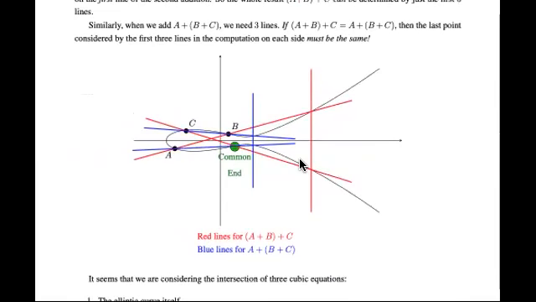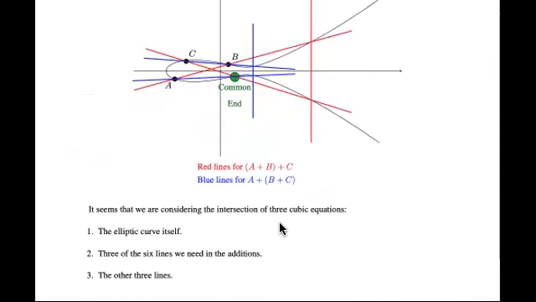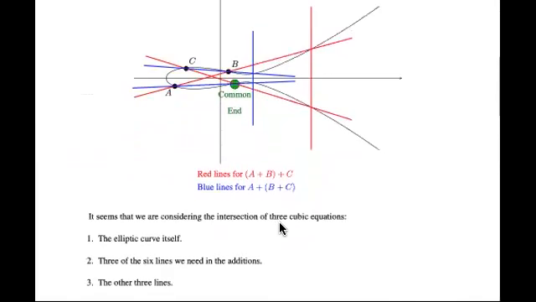All right, so we have the red lines for that and the blue lines for that. But we're going to take a look at this, and in the next subsection, we're going to discuss how you can use this. So see how we have 6 lines and our cubic. We're going to take a grouping of 3 lines and another grouping of 3 lines, and those will be 2 cubics.